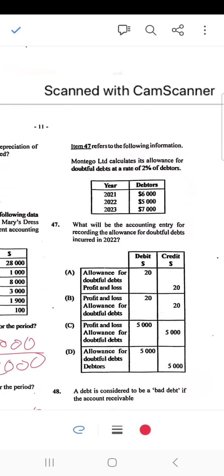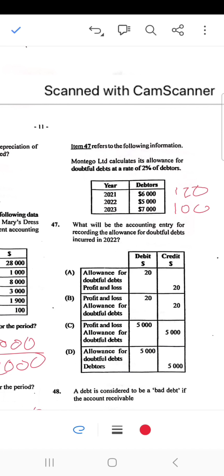So in 2021, provision for doubtful debts, $120. 2022 now, the provision for doubtful debts is 2% of 5,000, which is equal to $100. So what's happening is that it's decreasing by 20.